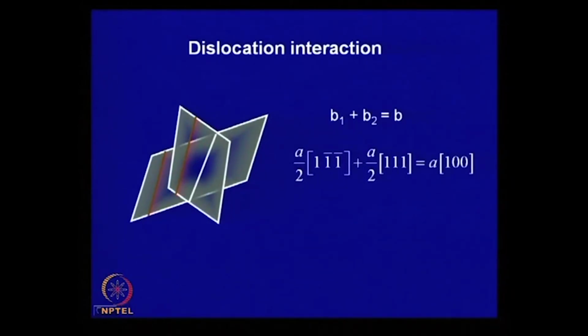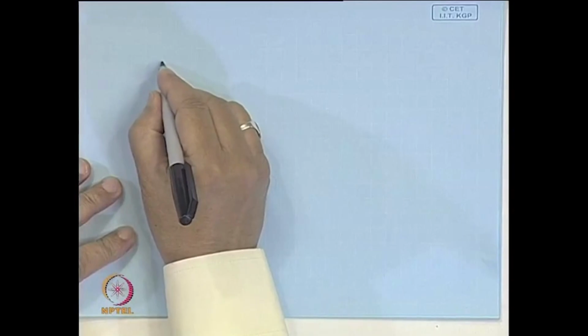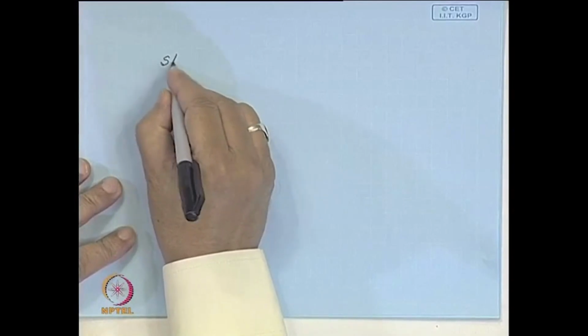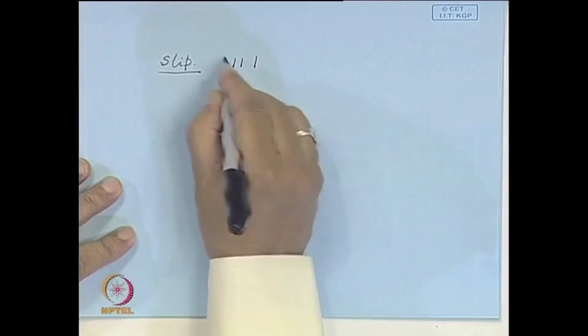Now, let us look at another case. Suppose we look at face centered cubic structure, and look at slip plane (1 1 1).